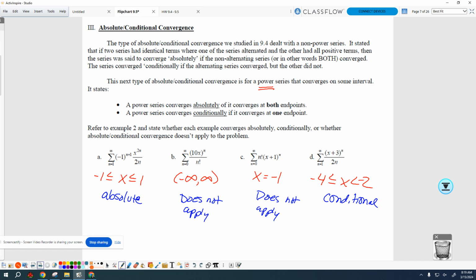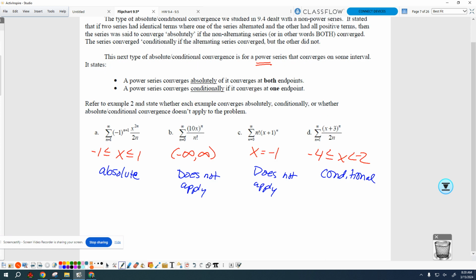Okay, so the summary of these, we just did 4 of them. They will often ask, does this converge absolutely? Does it converge conditionally? Rule of thumb, if one end is included and one end is not, that's when it's conditional.